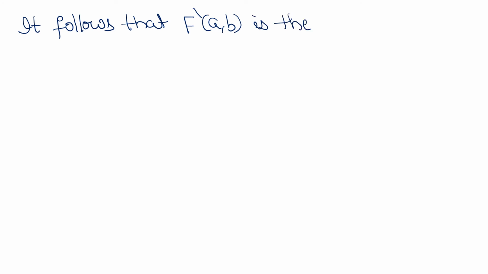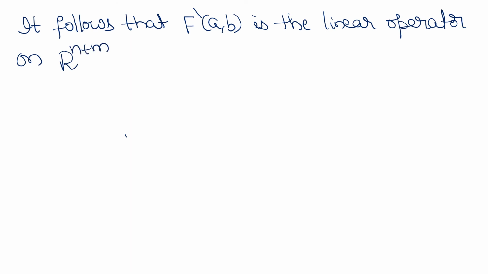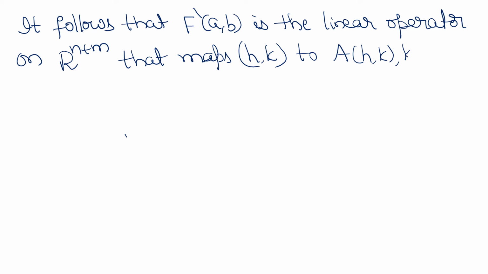So with this, it follows that F dash of (a, b) is the linear operator on R^(n+m) that maps (h, k) to (A of (h, k), k).